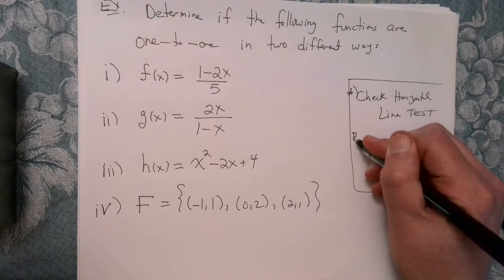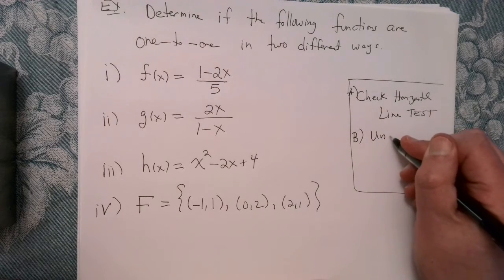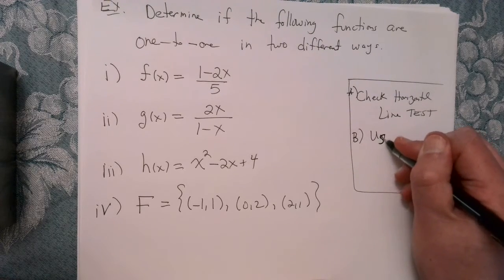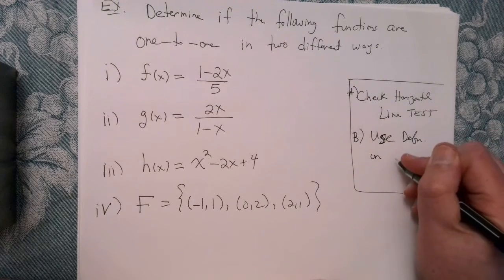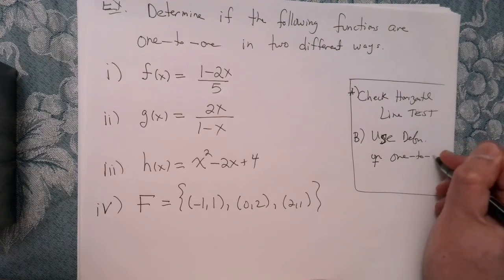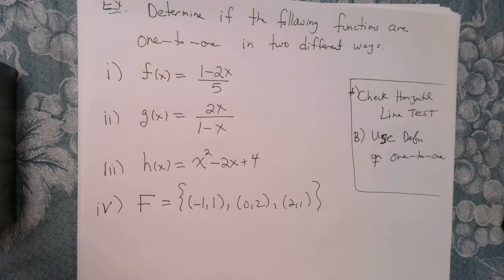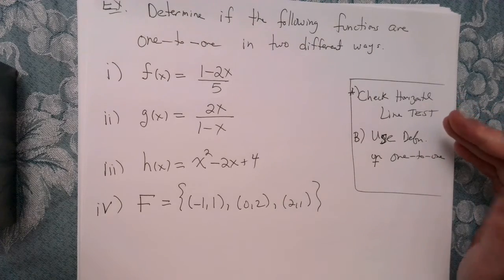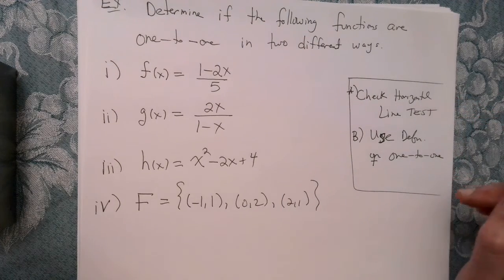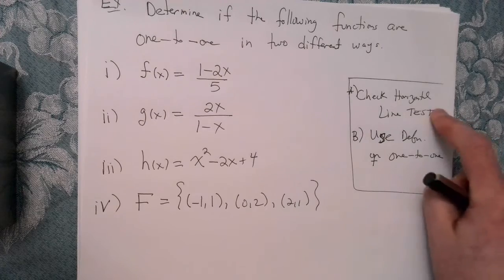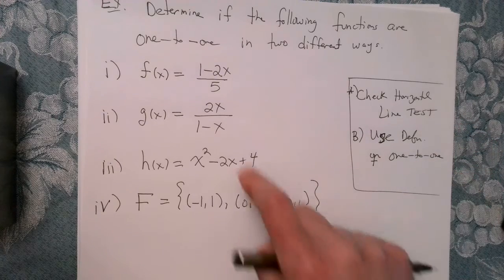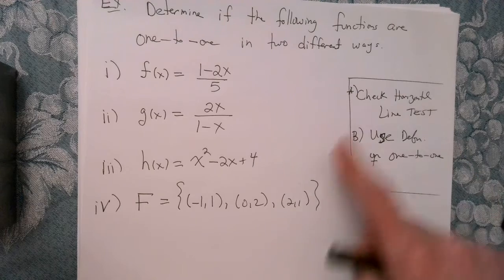And then B, use the definition of injectivity, or one-to-one. I know it's enough to check one of these because of the previous theorem. Remember, that was the buy one get two free. But I want to show you how to do either of these tests. Both of these things will test for invertibility of the function. That's the point of using these tests.